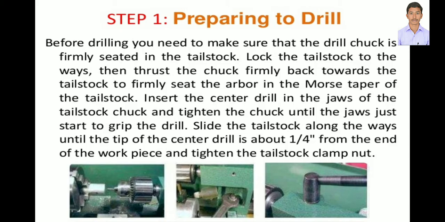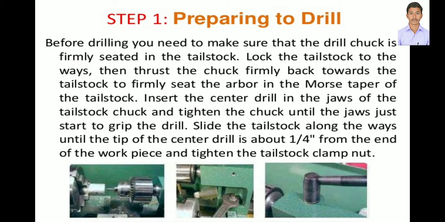Before drilling you need to make sure that the drill chuck is firmly seated in the tailstock. Lock the tailstock to the base. Thrust the chuck firmly back towards the tailstock to seat the arbor firmly in the Morse taper of the tailstock.